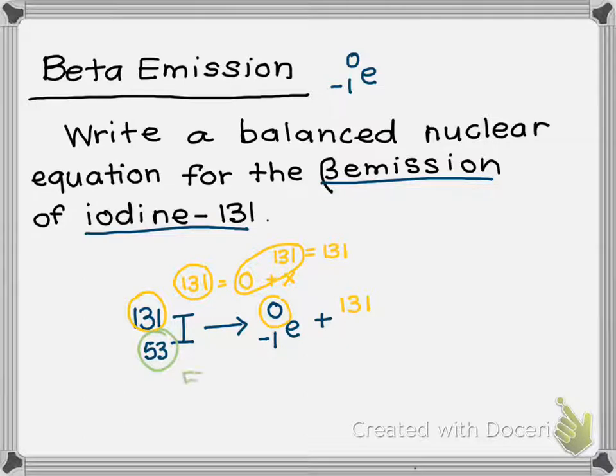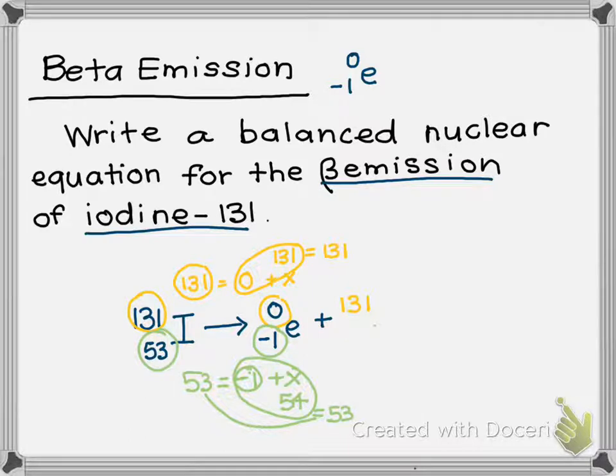So down here I have 53. This atomic number is a -1, plus some number, which would be the atomic number of my new isotope. Now remembering that this is a -1, this would have to be 54, because 54 plus a -1 would equal 53, making the two sides equal.